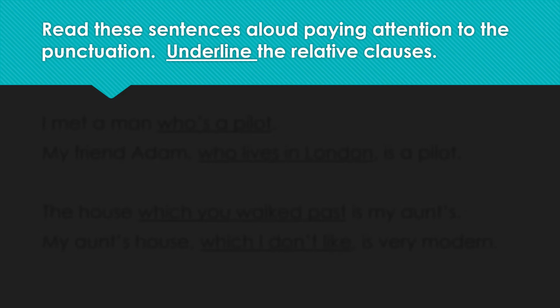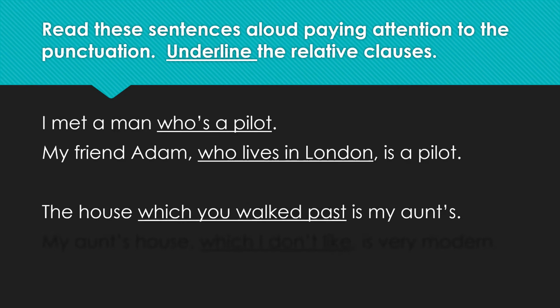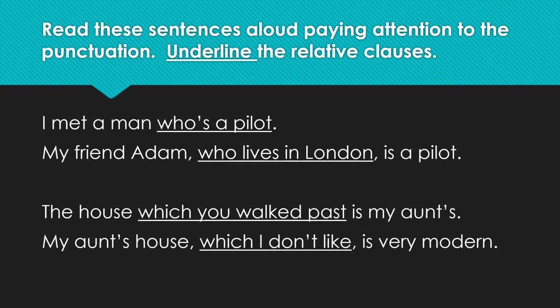Okay, now let's underline those relative clauses. I met a man who's a pilot. My friend Adam, who lives in London, is a pilot. The house which you walked past is my aunt's. My aunt's house, which I don't like, is very modern. Okay, so these are our relative clauses.